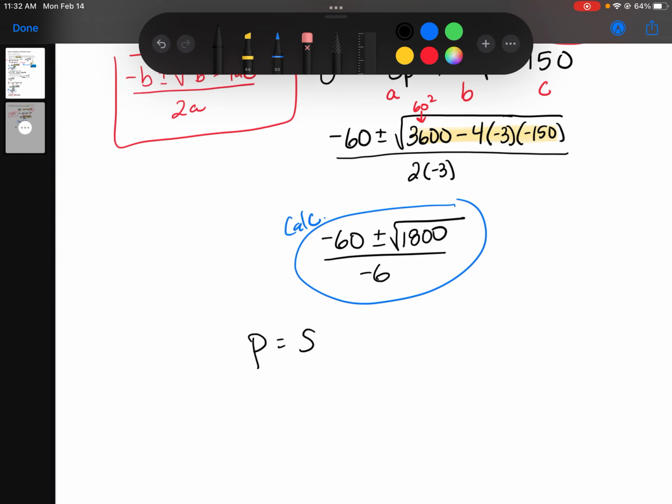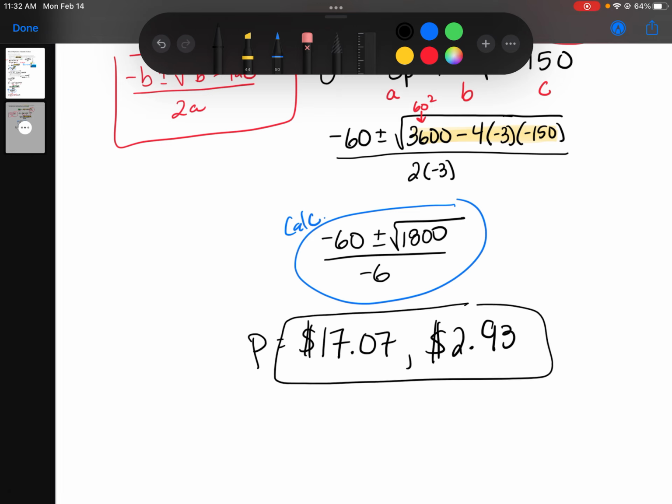I'll put the units on for you, but this is $17.07 is what I got. Remember, go back up, hit enter, and then change it to a plus sign. And you also get $2.90, we're going to round to 3 cents in the calculator. That is your answer.